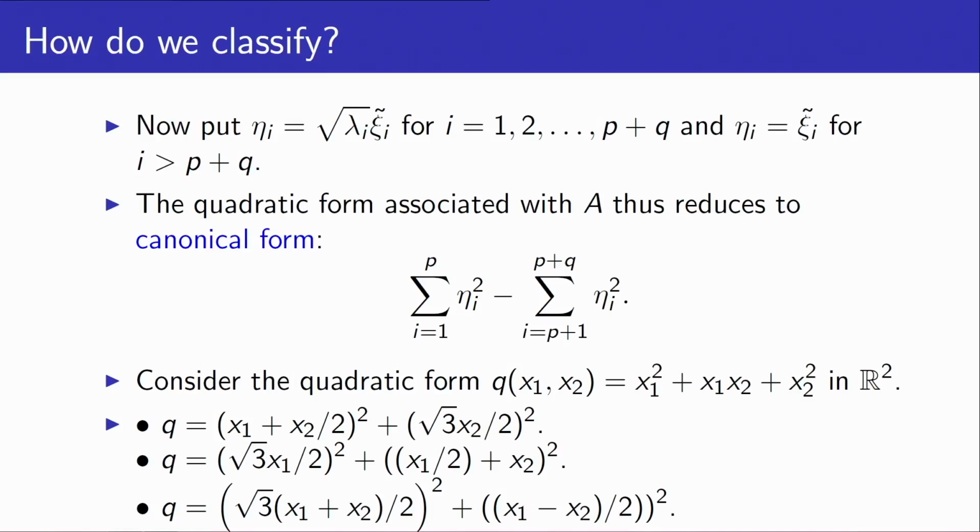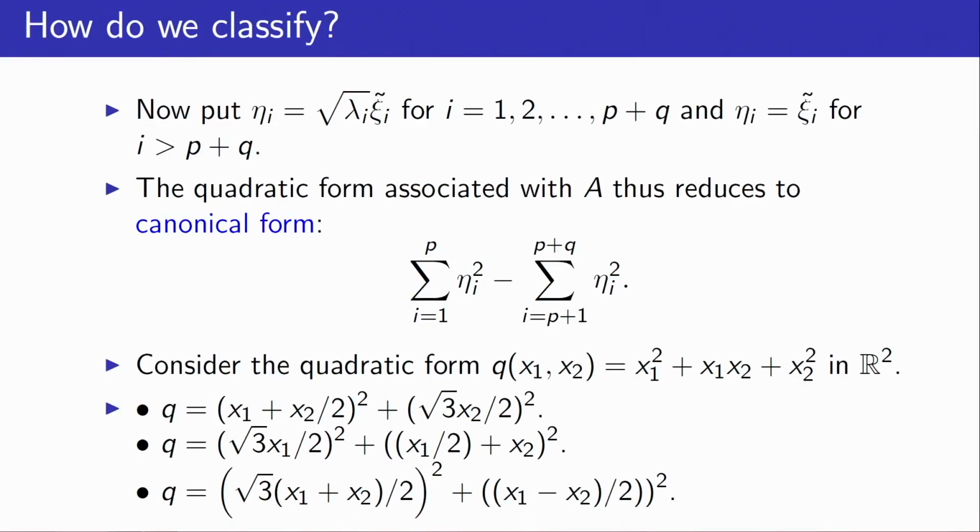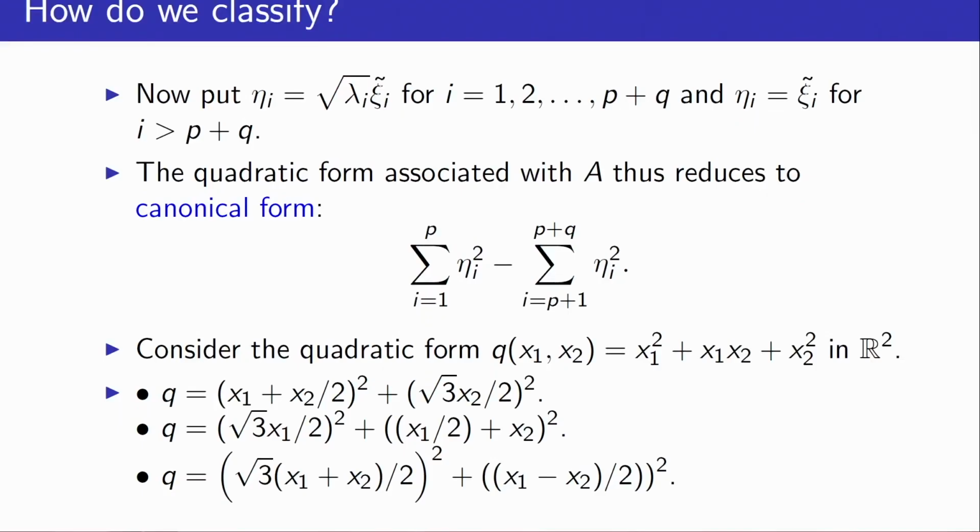I have written here 3 different ways, in fact you can write it in many more ways, of writing q: something square, something square, something square. I can use any of these 3 different changes of variables in order to write q in its canonical form.